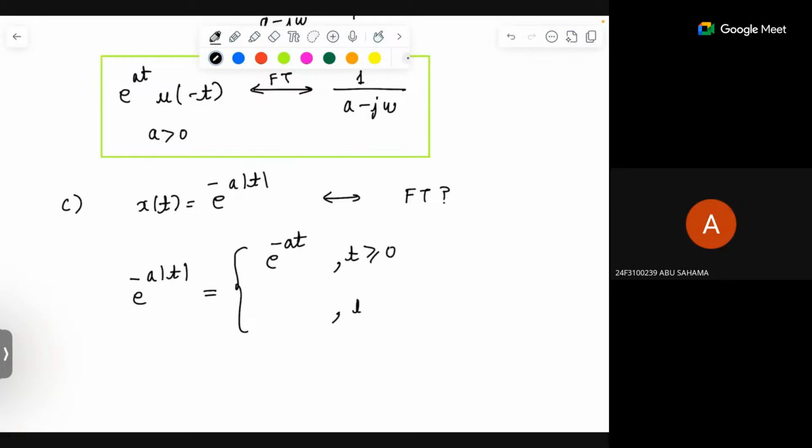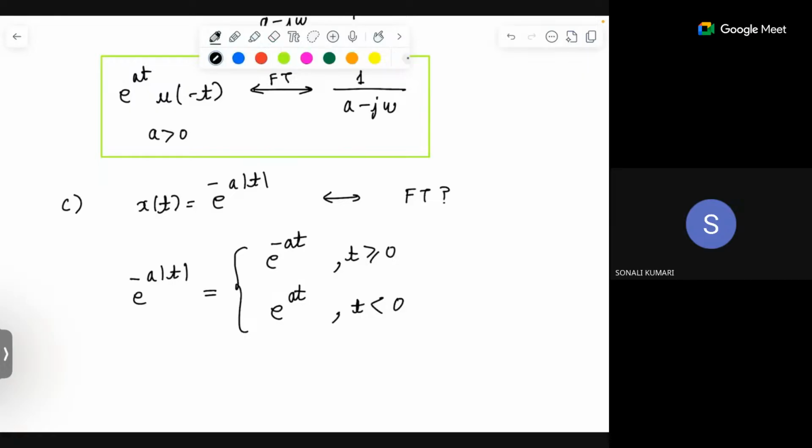Now we have t less than 0. So what will happen in this case? e to the power at. Yes, e raised to the power of minus a multiplied by minus t. That is how we open the mod with the negative sign. That becomes e raised to the power of at.